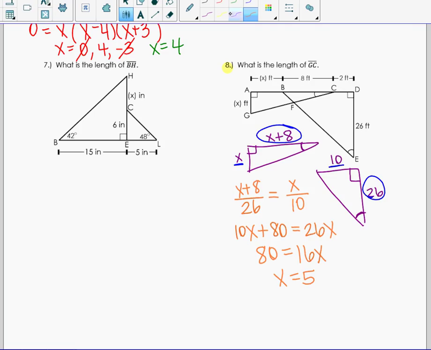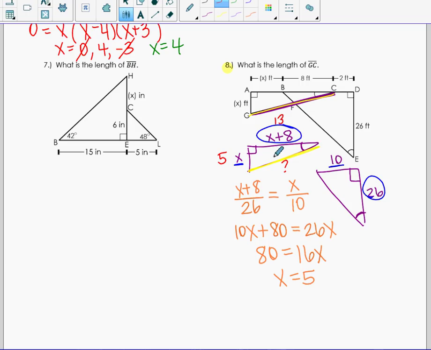The question is asking for what is the length of GC. So if you look at your picture, GC is right here. Okay, that's the length they want. So that right here is this side right here. So you're going to have to use Pythagorean theorem here, because if x is 5, this side is 5, this side is 13, because 5 plus 8 is 13.